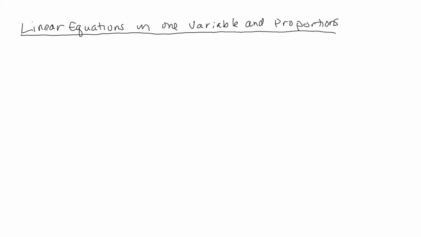Now on your worksheet, the first definition that says linear equation, I'm going to completely change it. So you can just mark that definition out and fill it in with this one.